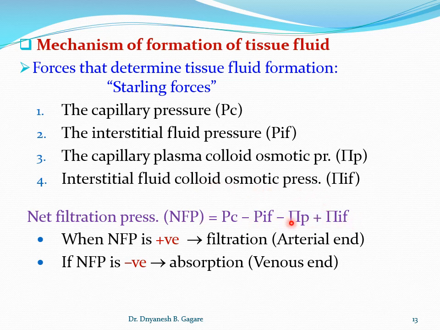If the sum of all these forces is positive, then there is a filtration of the fluid from capillary to the interstitium, and if it is negative, then there is absorption of fluid, it enters into the capillary. We always say the word from capillary to the interstitium, because fluid formation is from capillary to the interstitium through the capillary wall.